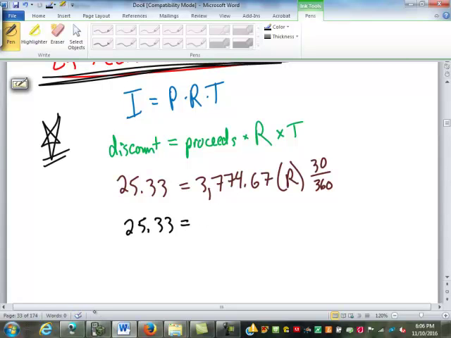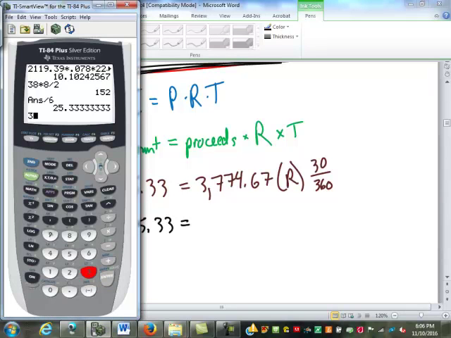So now here, I do have to combine on the right side. Now remember where we said we're going to keep it in our calculator? Here's the spot where it's important. This is going to get ugly. You don't want to be writing this down and having to type it back in, or there's going to be severe round-off errors. So 3,774.67 is our proceeds times 30 over 360 gives us a really ugly decimal, $314.555833333333.